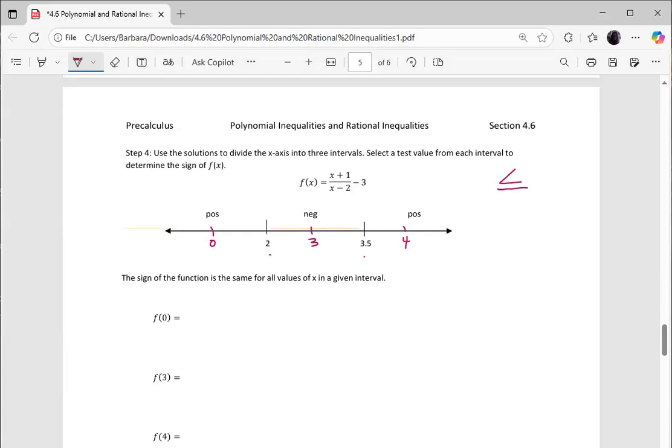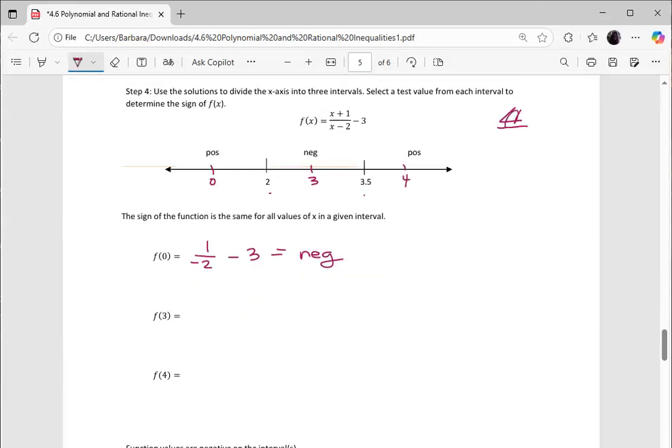So f of 0 is 1 over negative 2 minus 3, which we know is going to be a negative number. I just realized I copied that down wrong. It's greater than or equal to that we want. Okay. So the f of 0 is negative.